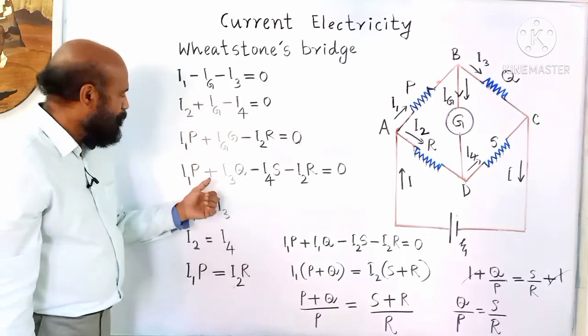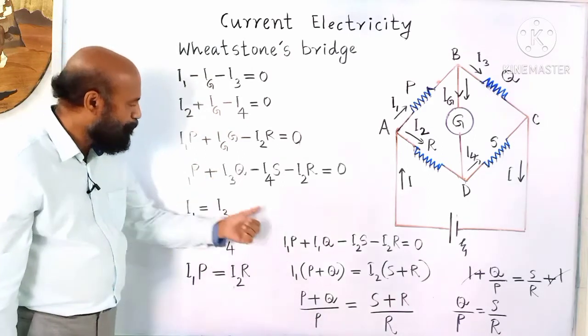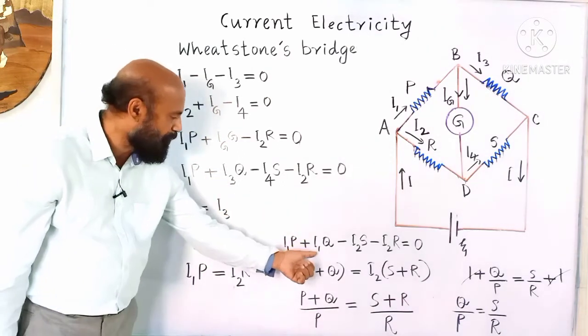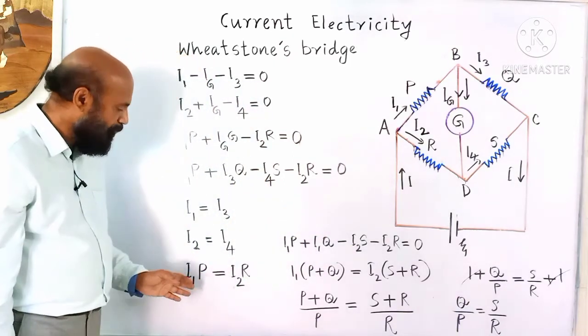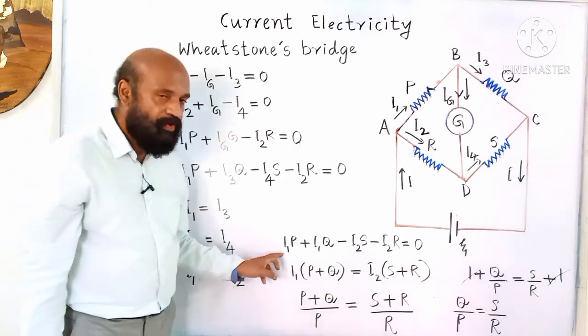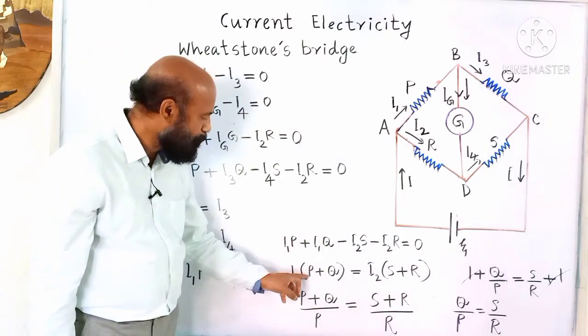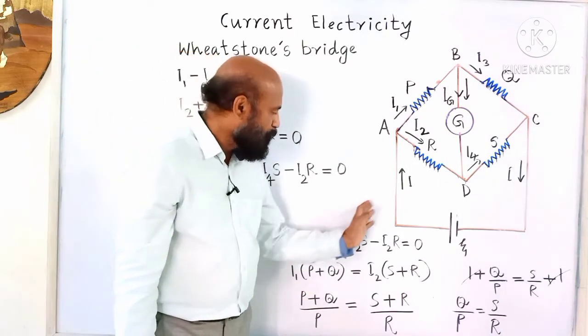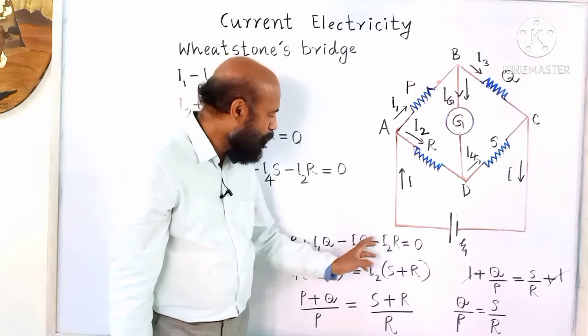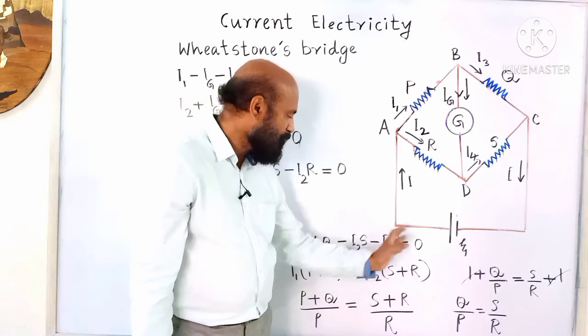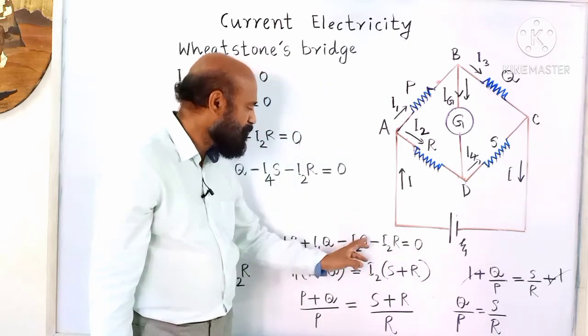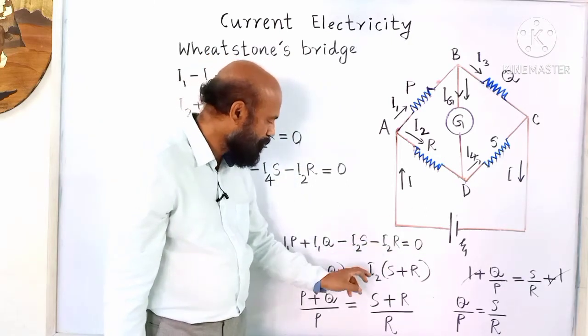So you get I1P plus I1Q, and instead of I4 you write I2, giving one more equation containing only I1 and I2. I1 is common, so you take it outside: I1 times P plus Q. Now you take this to the other side, then I2 is common: I2 times S plus R. Since you have taken it to the other side, the negative sign becomes positive.